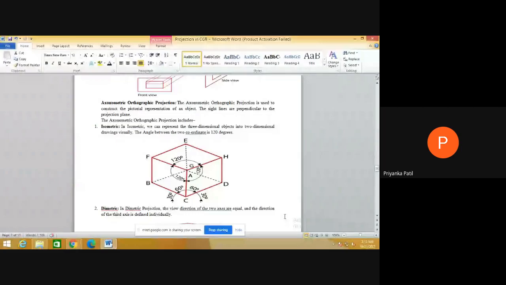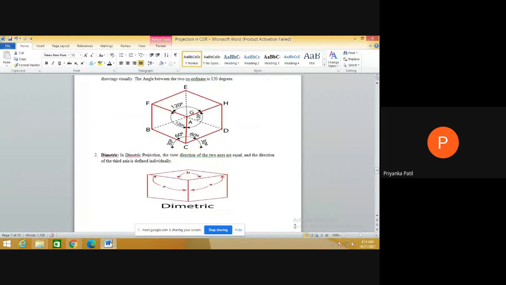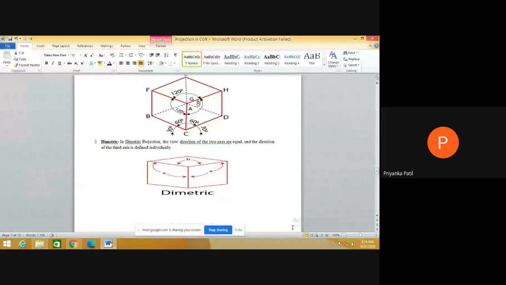Next one, the dimetric, in which we consider two principal axes equal. Basically, in the dimetric projection, the directions of two axes are equal, and the direction of the third axis is defined individually. So this is the dimetric projection of the given object.